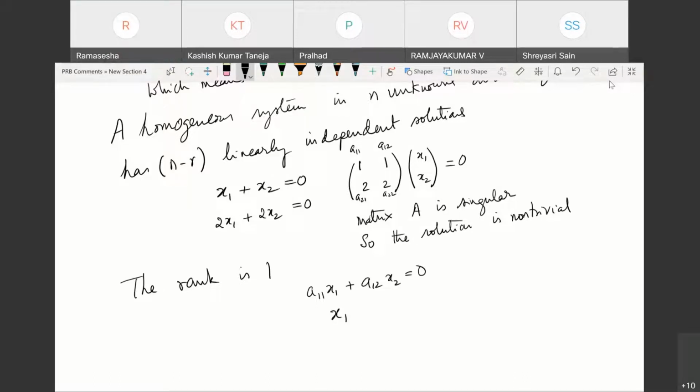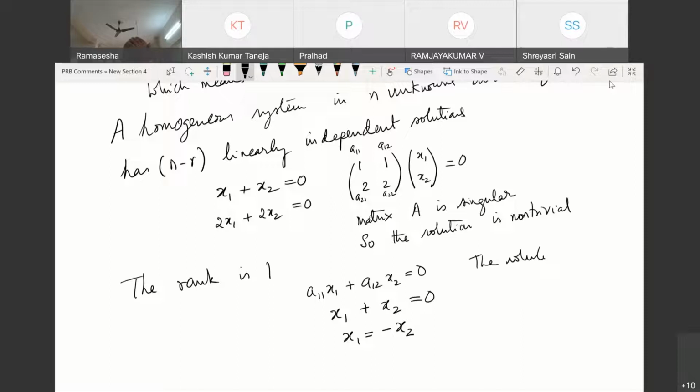So this is x1 equal to minus x2. So the solution is x1, x2, or any solution that takes the following values.